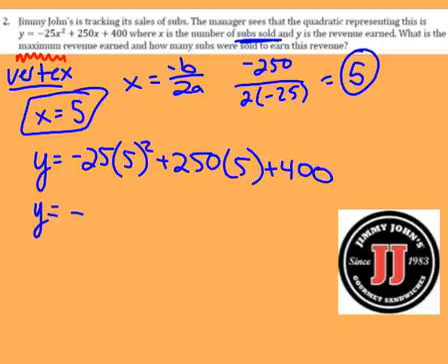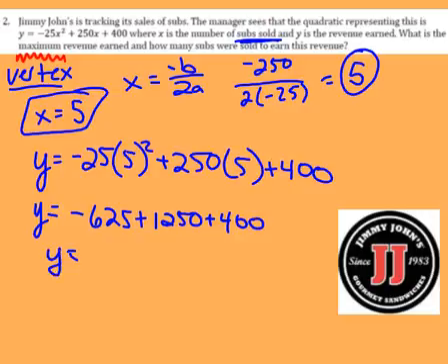This number needs to be negative because the squared is positive, then you times by negative, it's negative. Plus 250 times 5 is 1250, plus 400. If you're good at math, you're going to know that this is going to be 1025.